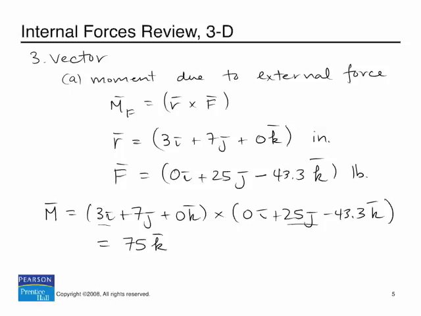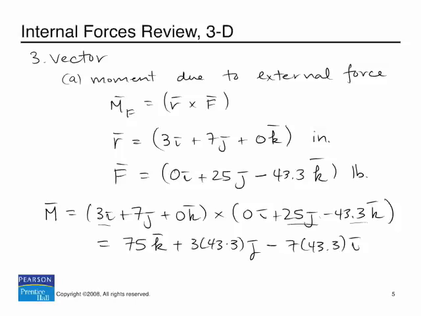Then i crossed with k gives me a minus j, and the minus j combined with that minus sign gives me a plus 3 times 43.3 in the j direction. We're going to subtract j crossed with k, which goes down to i. It's 7 times 43.3 in the i.